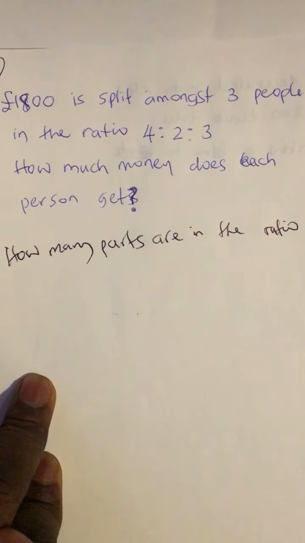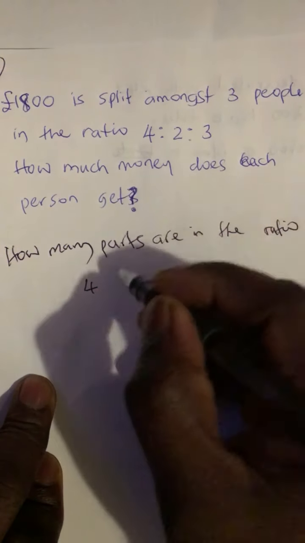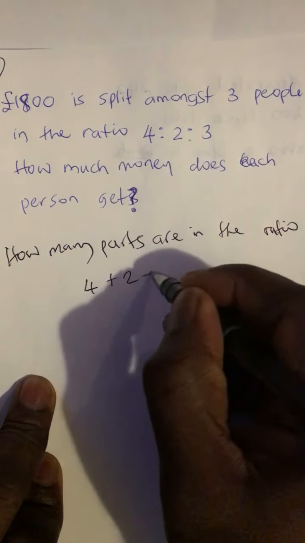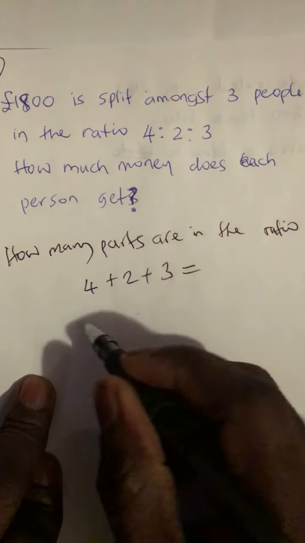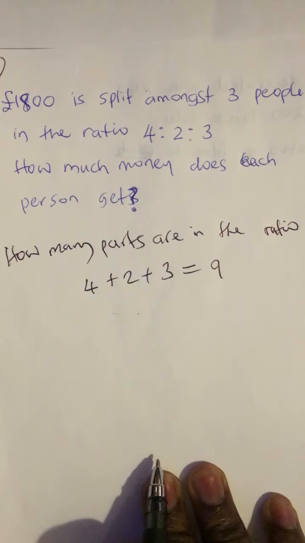To work this out, we simply add the 4 plus 2 plus 3. This one will give us 9. So there are 9 parts in the ratio.